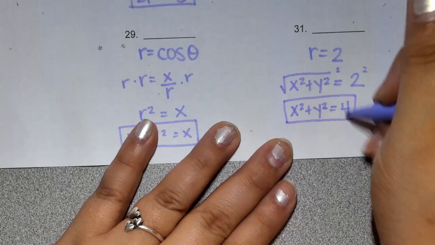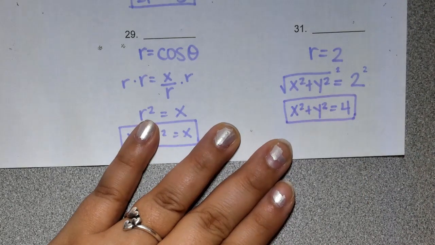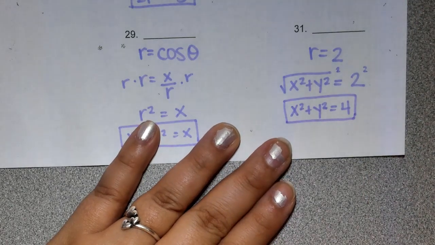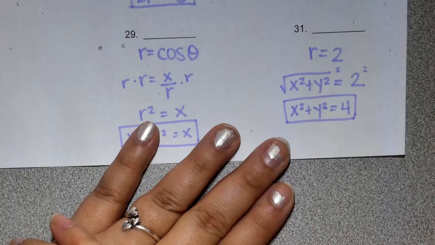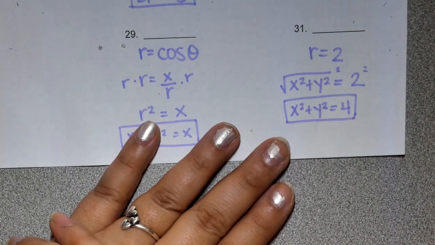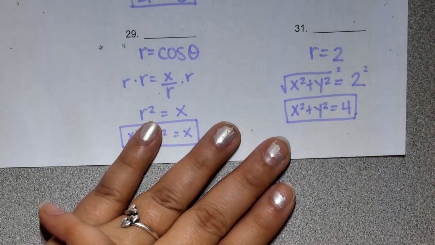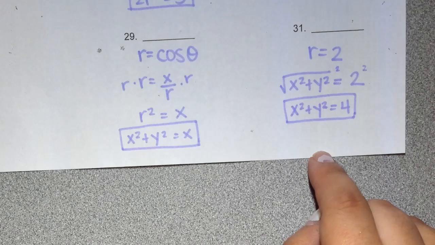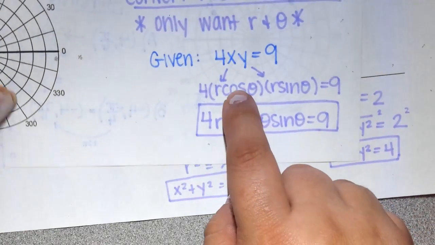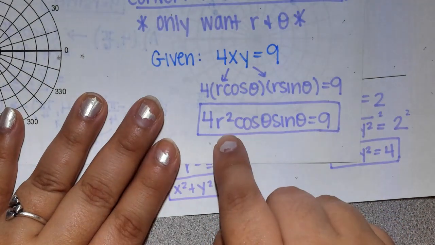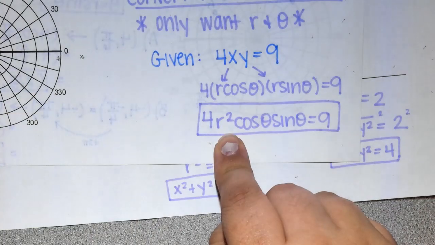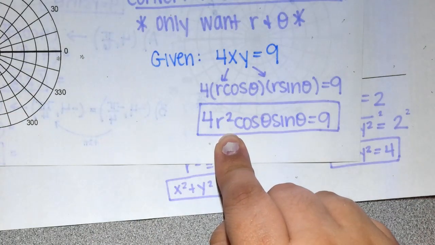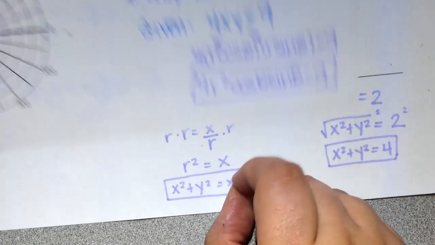The second one's not wrong. The third one is just a better answer. So could we technically do the second one? Sure, it's not wrong. I might take off a point. Same thing right here. If you leave this like this with both r's, I'll probably take off a point if you don't simplify it to r squared. If you can simplify it a little bit. Okay? Alright.